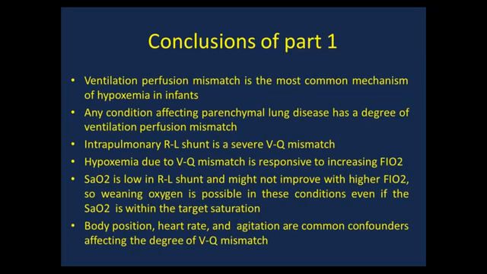Intrapulmonary right to left shunt is a severe extreme of ventilation perfusion mismatch. Hypoxemia due to ventilation perfusion mismatch is responsive to increasing fraction of oxygen. Arterial saturation is low in right to left shunt and might not improve with high fraction of oxygen.